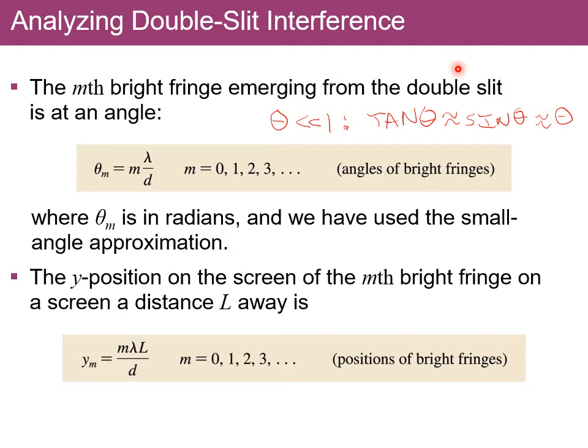Since tangent theta would be y divided by L, we can again employ the small angle approximation to say that m times lambda over d should also equal y over L. Rearranging terms, we find that the location of the mth bright fringe on the viewing screen is m times lambda times L over d.